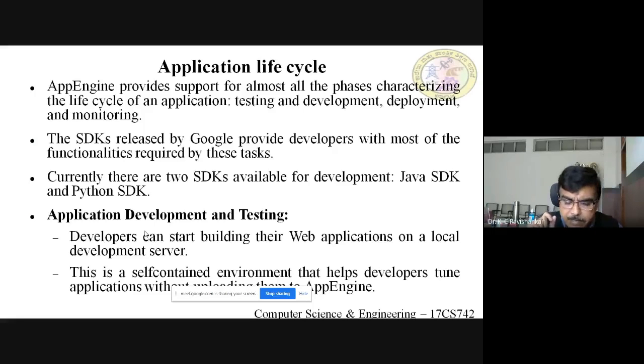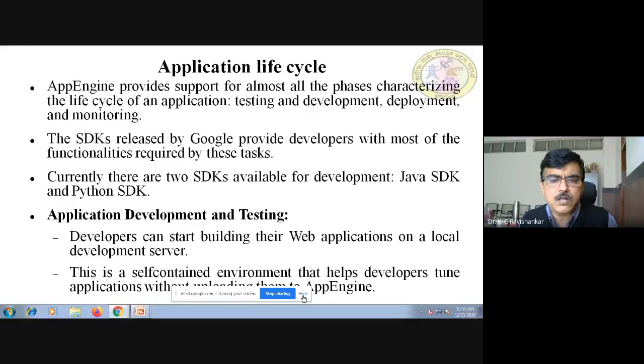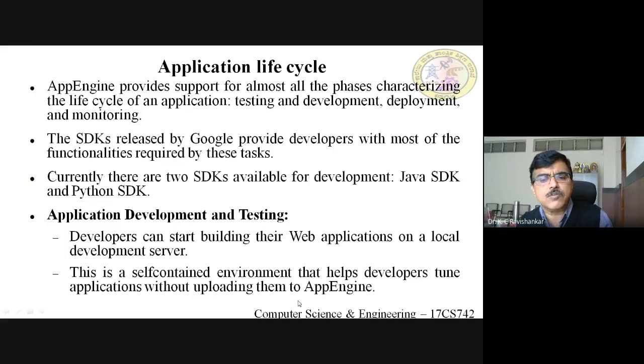Application development and testing. Developers can start building their web application on a local development server. The facility is provided through Google Cloud Services. So that can be tested internally until it is deployed on a real machine. This is a self-contained environment that helps developers tune applications without uploading them to App Engine.